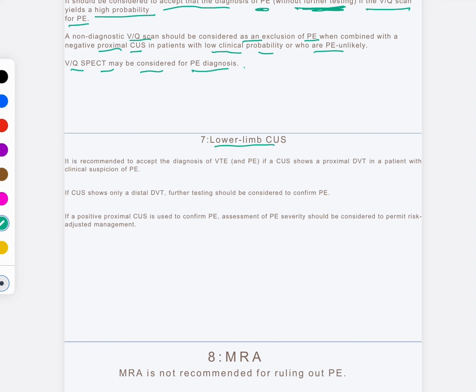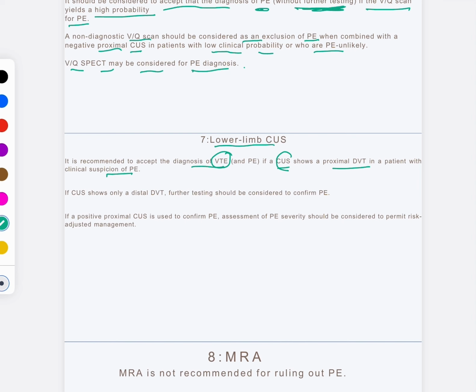Lower limb compression ultrasound. It is recommended to accept the diagnosis of venous thromboembolism and PE if compression sonography shows a proximal DVT in a patient with a clinical suspicion of pulmonary embolism.